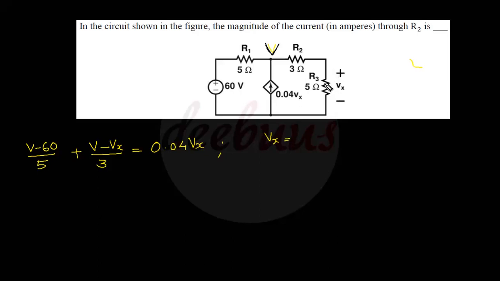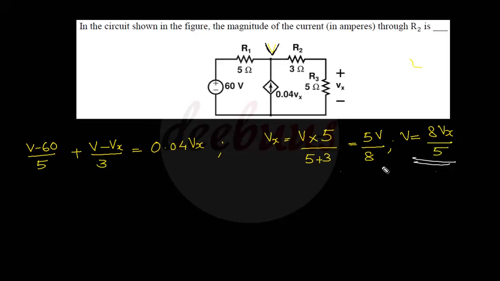From the figure, Vx equals the voltage V into this branch resistance, that is 5 ohm, divided by total resistance, right? 5 plus 3. As 5 ohm and 3 ohm are serially connected, the voltage will split into Vx and the balance as voltage across R2. So Vx equals 5V by 8 or V equals 8Vx by 5.